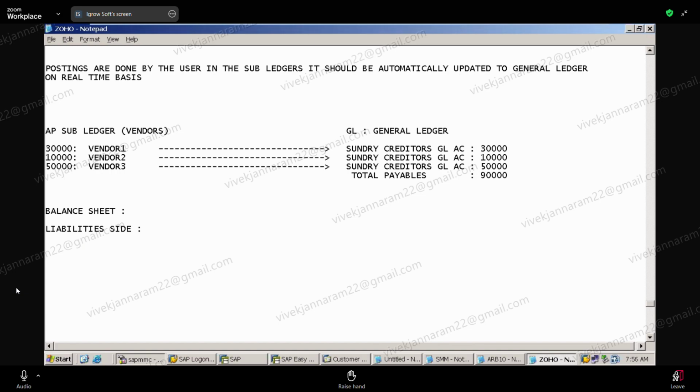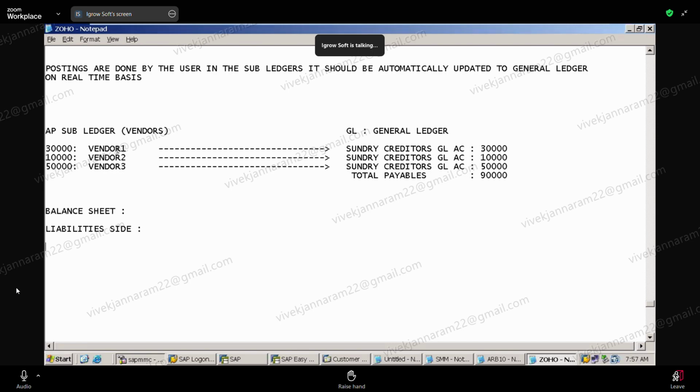Lakhs of transactions, millions of transactions are taking place with different vendors, and they are all coming into GL accounts. So a few GL accounts I will show in the balance sheet. The balance sheet is one sheet of paper. We are simplifying the accounts, and finally the totals we show in the balance sheet.